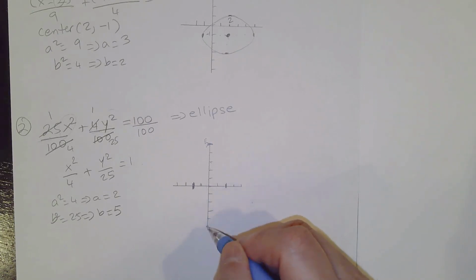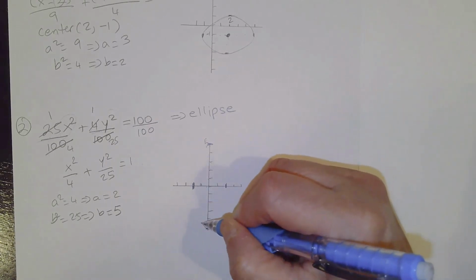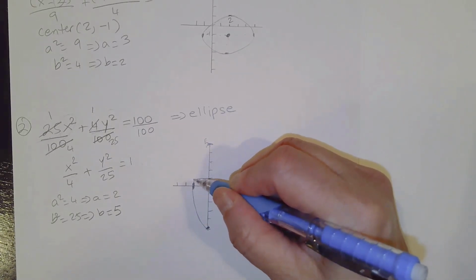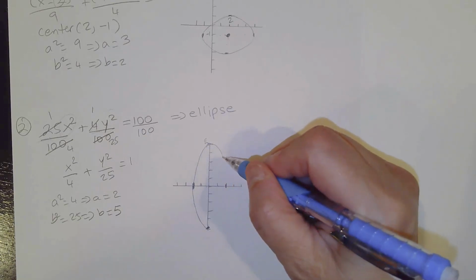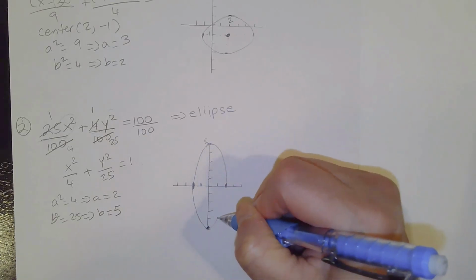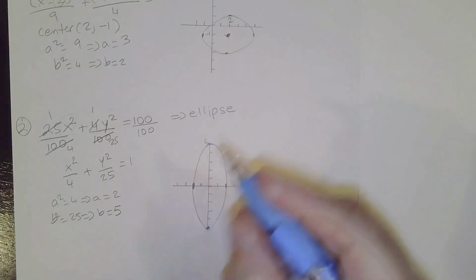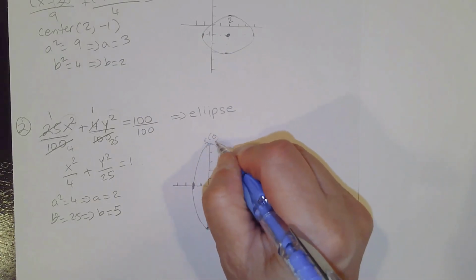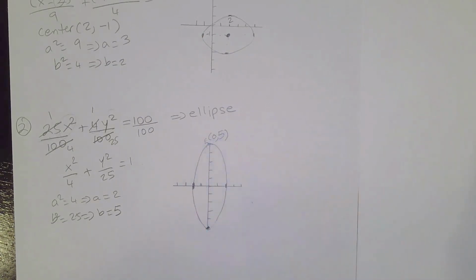So down 5, there it is. So connecting. Okay, so this is the graph, and this is one of the major vertices, (0, negative 5).